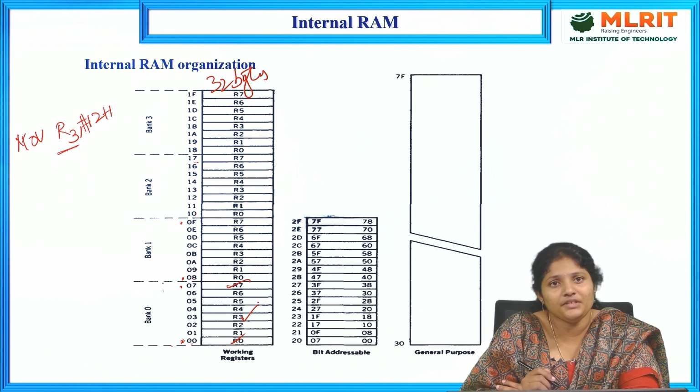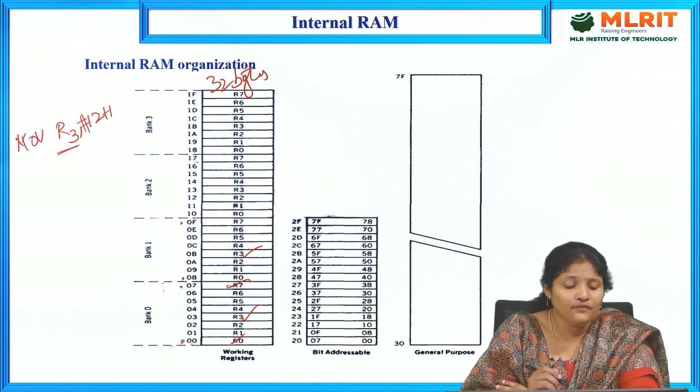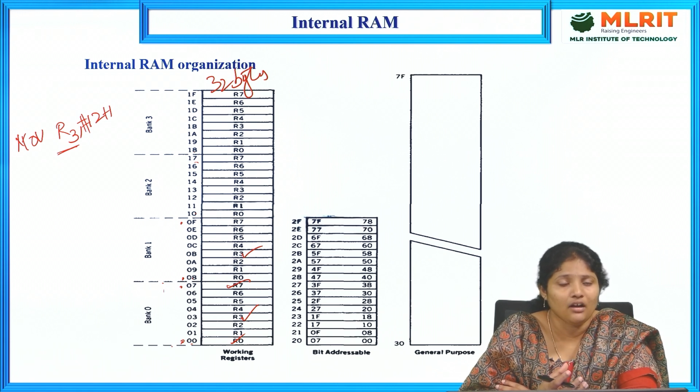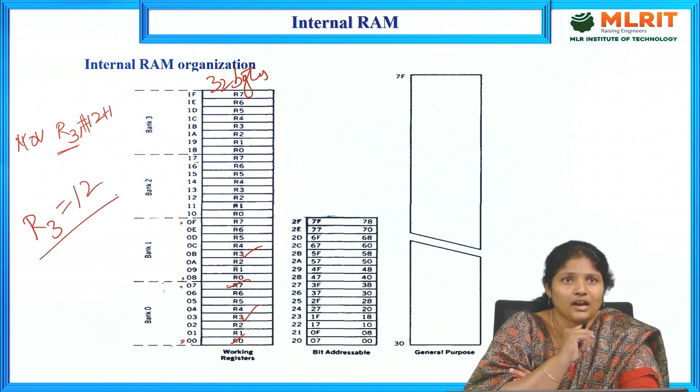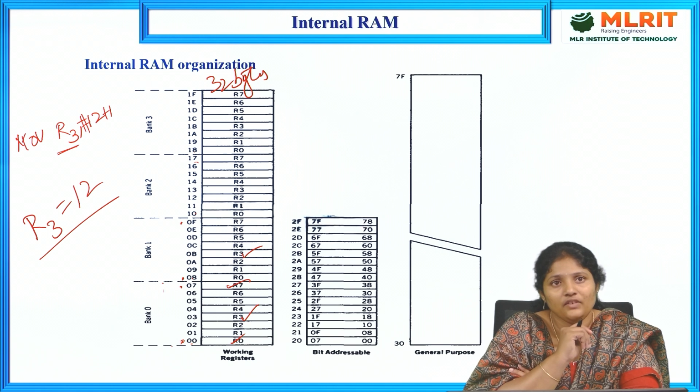Why does it represent R3 of bank 0, and why can't it be R3 of bank 1? If you directly mention the instruction MOV R3, #12H, the data 12H will be directly stored in R3. That's fine, R3 is the register R3. So why is bank 0 selected?